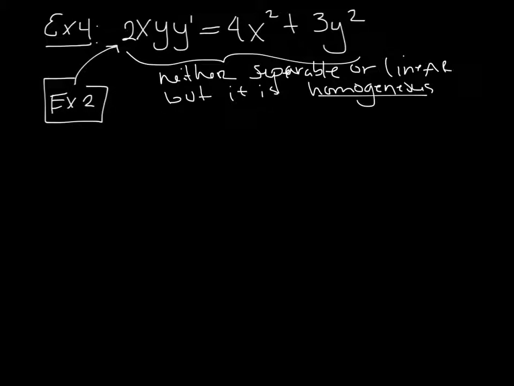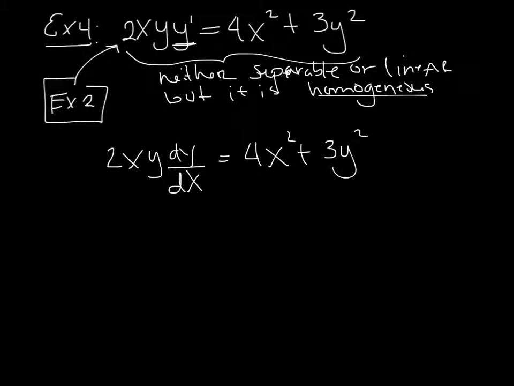Okay, let's get started. So in this differential equation, we want to learn how to recognize the Bernoulli equation. So I'm going to start off by rewriting this equation using Leibniz notation. So I have 2x y dy/dx, instead of y prime, equals 4x squared plus 3y squared.